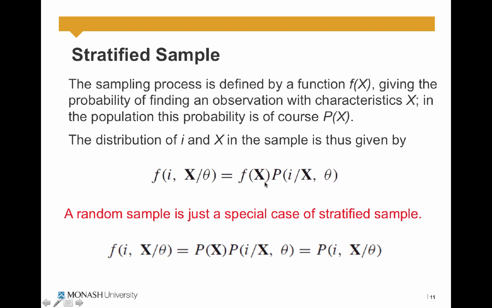If you replace fx, the sampling process function, by px, which basically means a totally random sample, the probability of choosing x, multiplied by the probability of I conditional on x and theta, you can get the same formulation for a random sample. So a random sample is just a special case of a stratified sample.